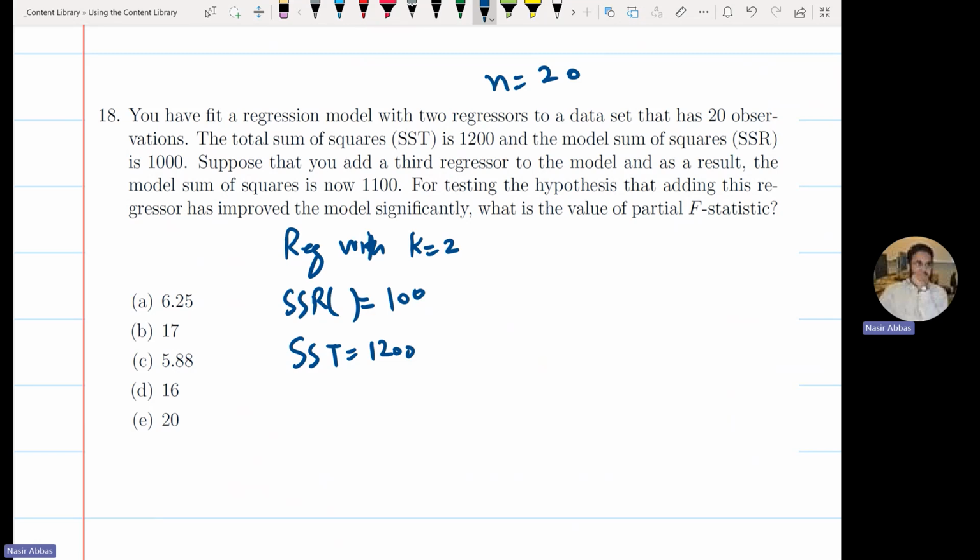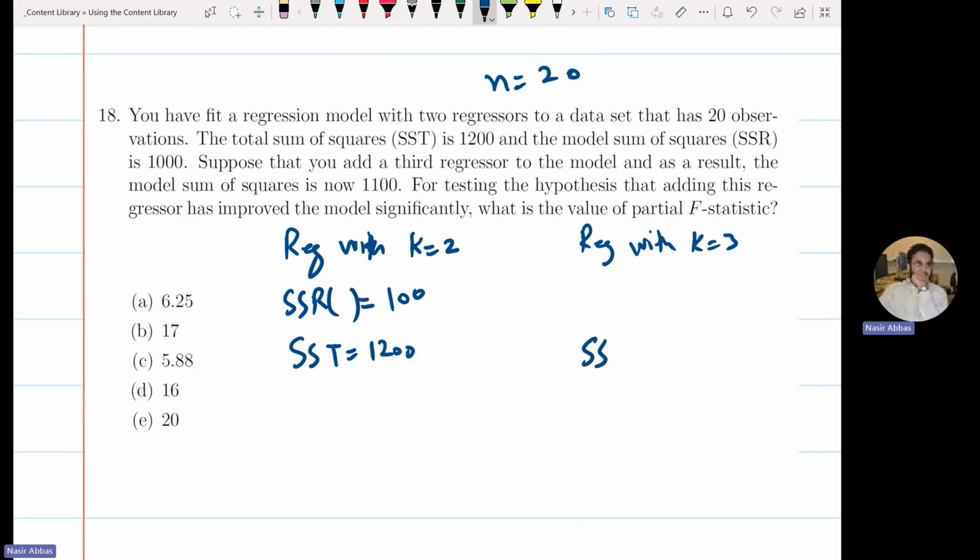Suppose that you add a third regressor. So now you have a regression with 3 predictors. When you keep adding more regressors to the regression model, the total variation in Y doesn't change. SSR changes, the variation in Y which is explained by your regression. Whatever is the variation in Y is the variation in Y. Regression doesn't impact that.